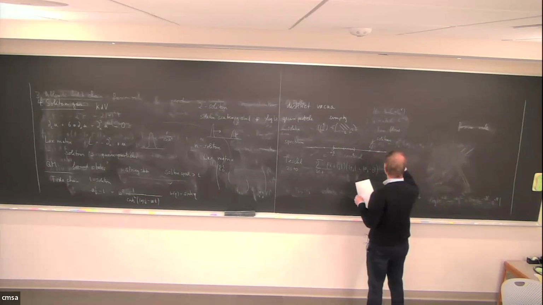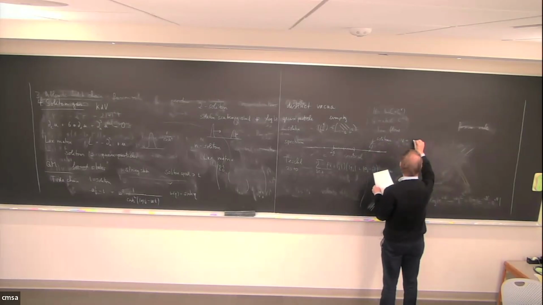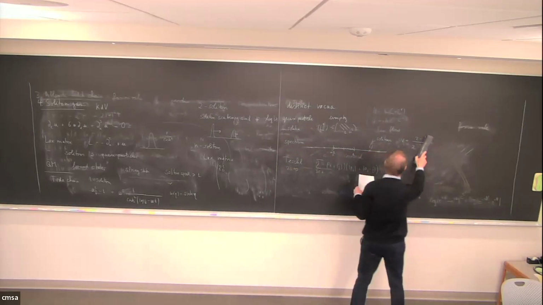Just to give you an impression, it's given by c minus 1 over c, where c is the spectral parameter, maybe after some transformation. No, sorry, let me give you the correct formula.